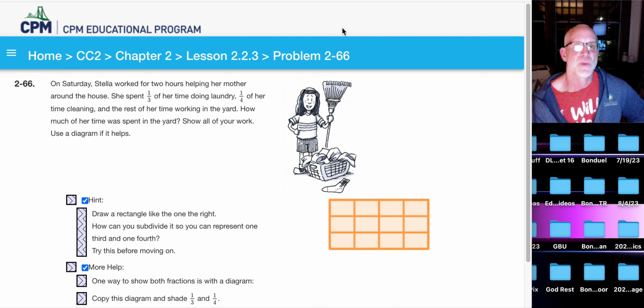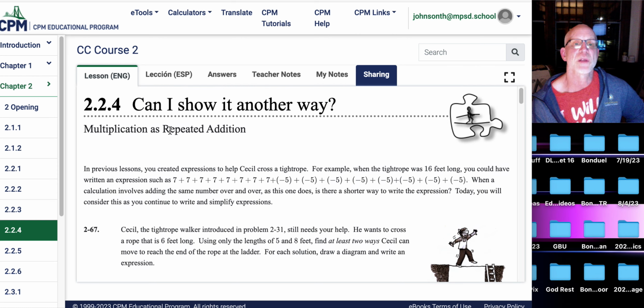Next, if we get done with this, we're going to go to 2.2.4. Can I show it another way? And that is up here, 2.2.4. And we're going to introduce this. And they say multiplication is repeated addition. In previous lessons, you created expressions to help Cecil cross a tightrope.